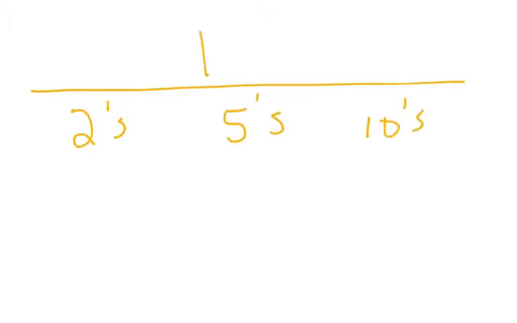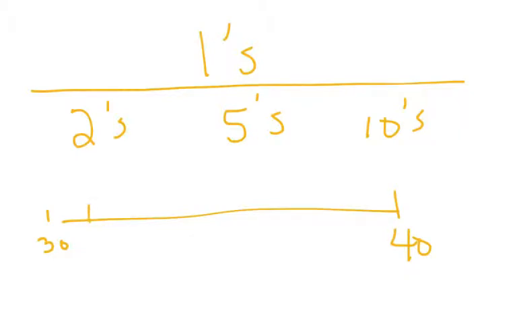Okay, you just have to do it in order. Don't skip numbers, and you don't always have to start with 1. You could maybe start with 30 and go up to 40. That's okay. So when you get to the next section that doesn't have number lines provided for you, you're going to have to create your own.